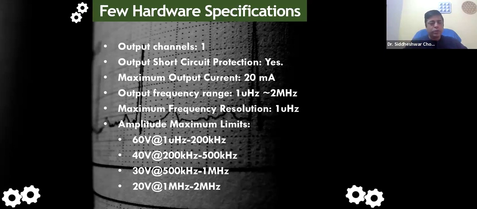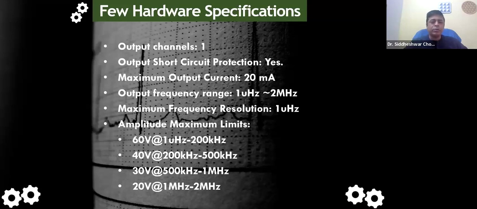You can use only one set of TENS pads to get the therapy. You have short circuit protection. The output current is limited to 20 milliamps at max. That is the maximum output current. The output frequency range is from 1 microhertz to 2 megahertz.